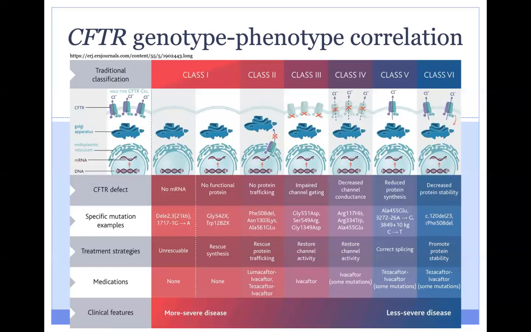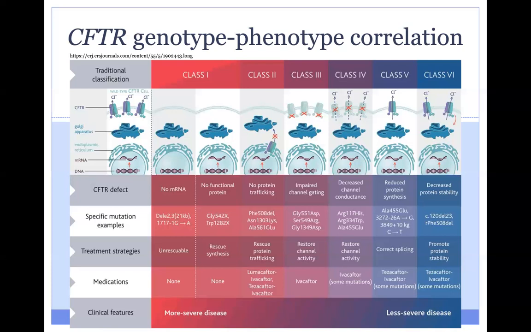You don't completely lose function of the CFTR transporter. And so you maybe have some residual function, and that corresponds to less severe disease. But it's really difficult to predict exactly what symptoms a patient's going to have based on their genotype. Even in the same family, 2 siblings, both with the same genotype, can have very different clinical pictures. So just illustrating some general principles here.